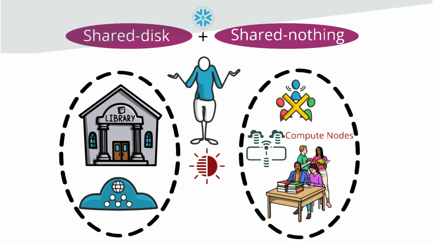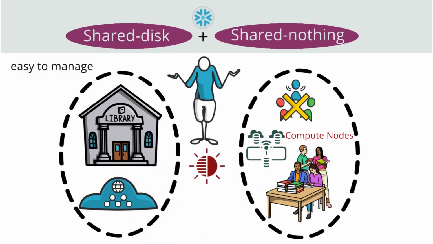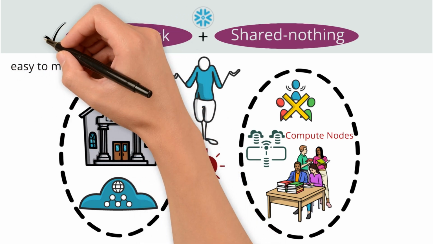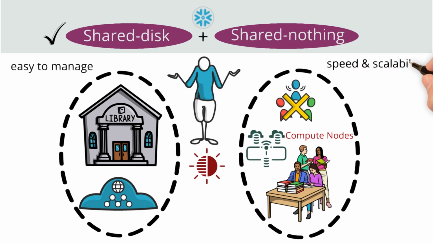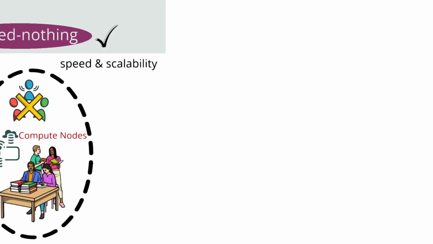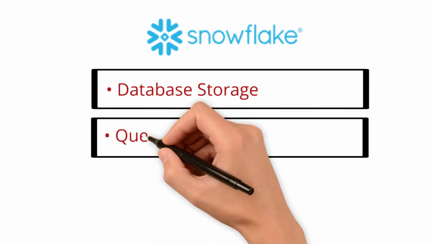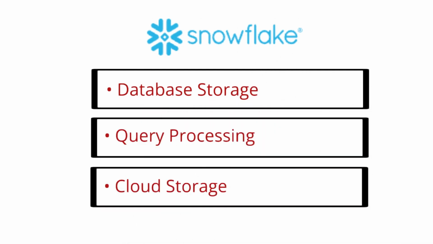This approach makes the process faster. So the combination makes data easy to manage like a shared system while also providing the speed and scalability of independent systems. Breaking down the Snowflake architecture, it has three key layers: database storage, query processing, and cloud storage.